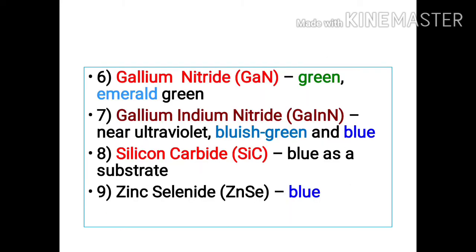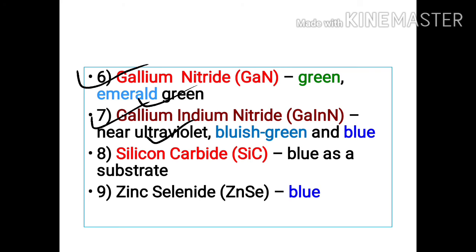The sixth one is gallium nitride. If we are using the compound semiconductor gallium nitride, then we are going to get green and emerald green color of light from the LED. The seventh is gallium indium nitride, that will produce nearly ultraviolet rays, which means it will be invisible to our eyes.